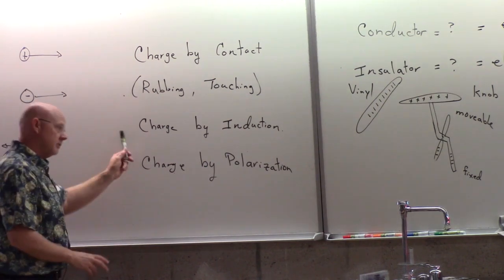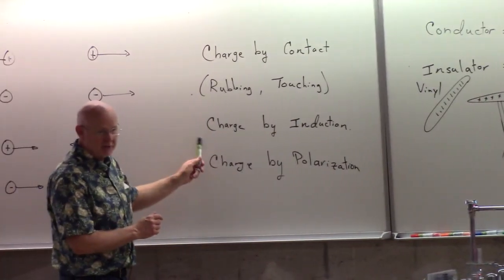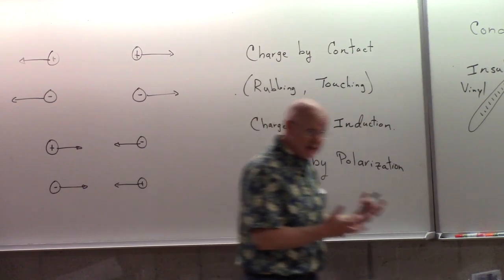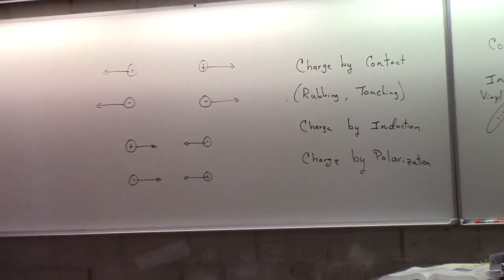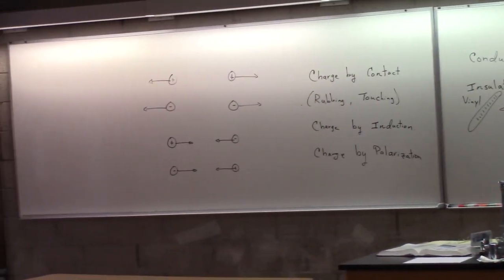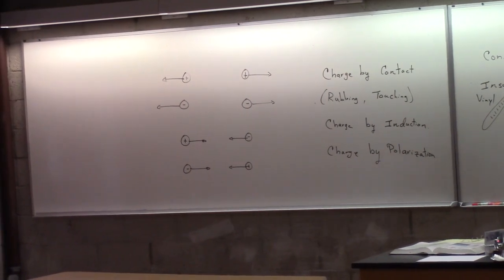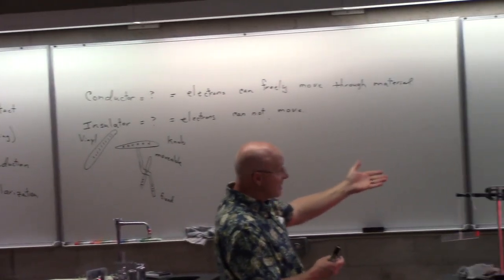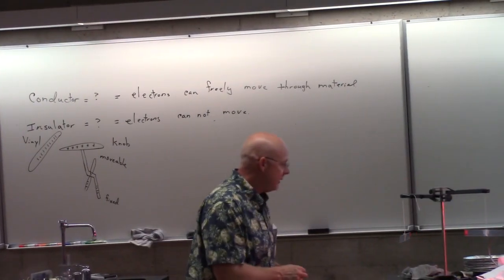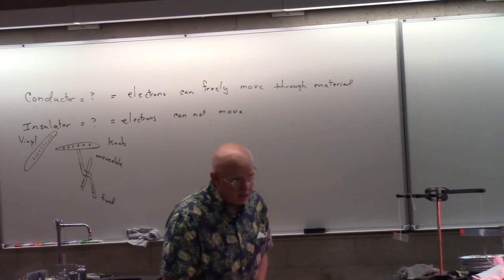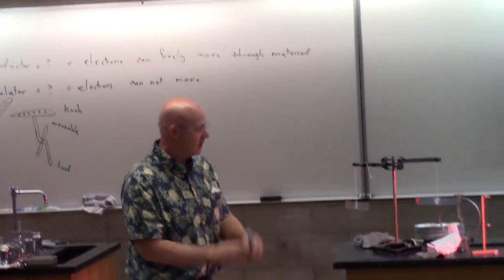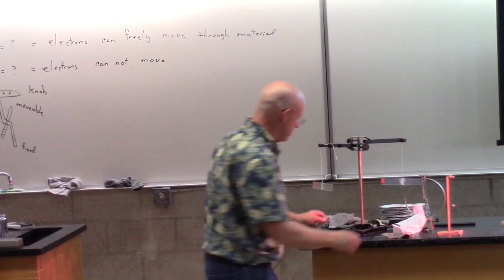Now I know I'm still working towards this. I haven't really explained what is charging by induction, but all these steps, I think, illustrate really well charge by contact, polarization, how a neutral one is attracted to either a positive or a negative, and then finally now, the induction will hopefully make sense.